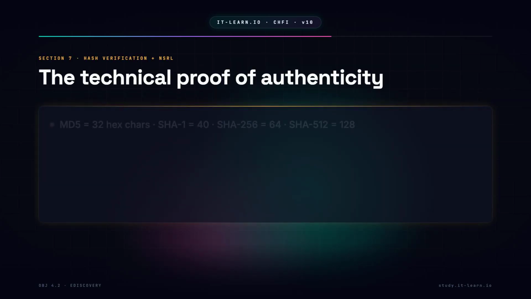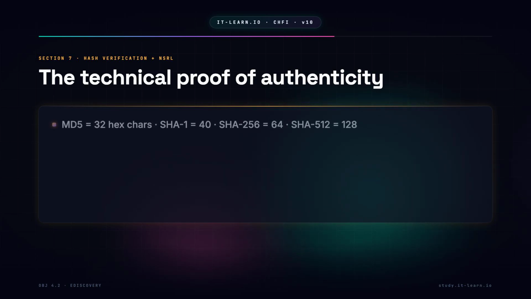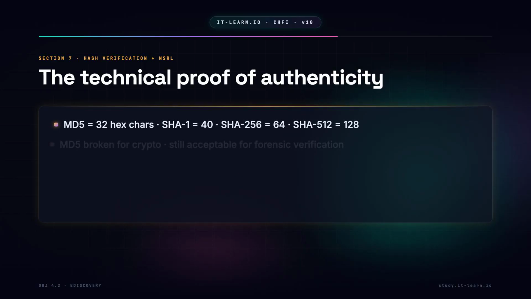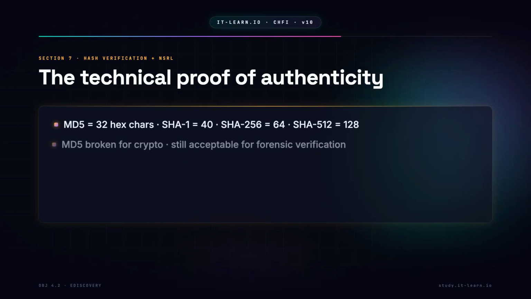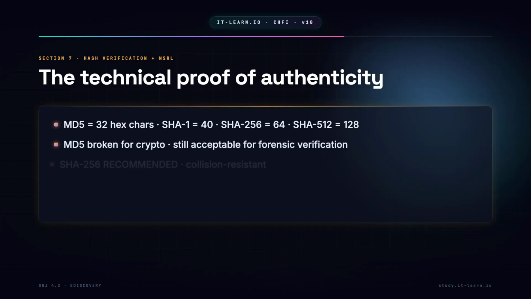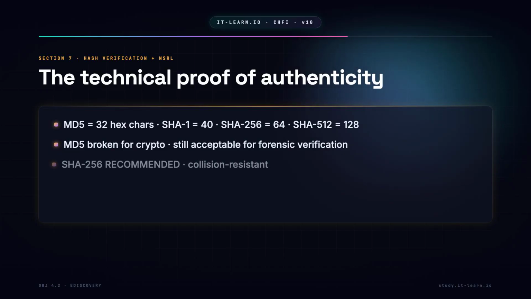Hash verification, the technical proof of authenticity. 4 algorithms to know. MD5: 128 bits, 32 hex characters, fast, cryptographically broken, collisions are possible, still acceptable for forensic verification, accidental alteration won't collide.